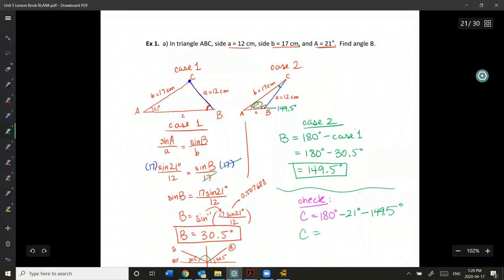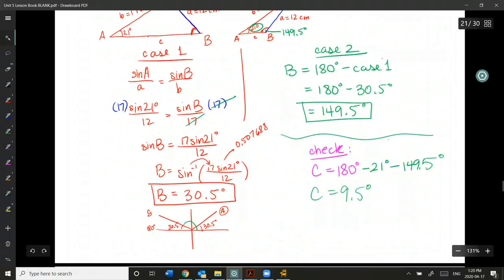If you do that in your calculator, you're going to notice that you get an answer of 9.5 degrees. As long as this is a number that makes sense, like an angle measurement between 0 and 90, this should be an acceptable answer, which means that this is an acceptable case.